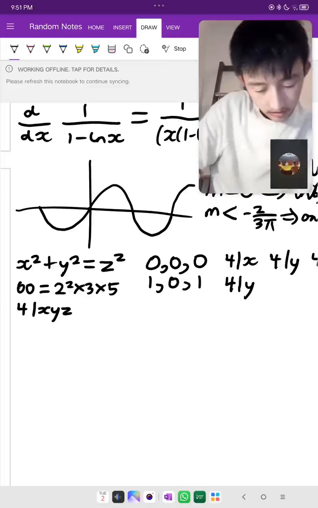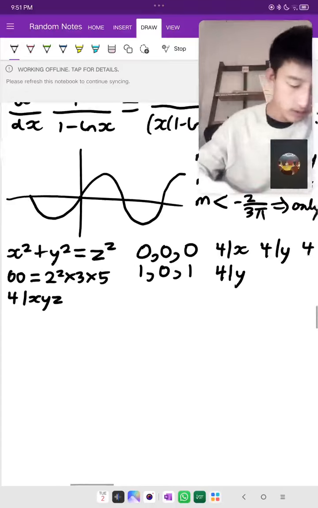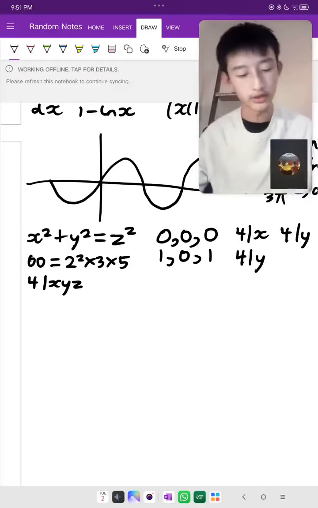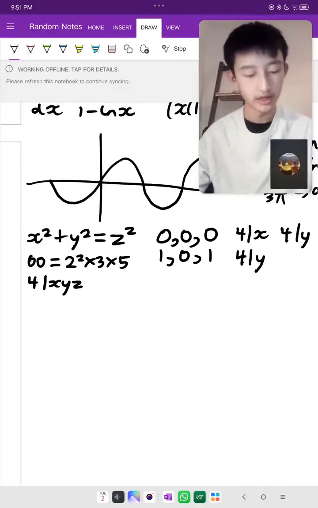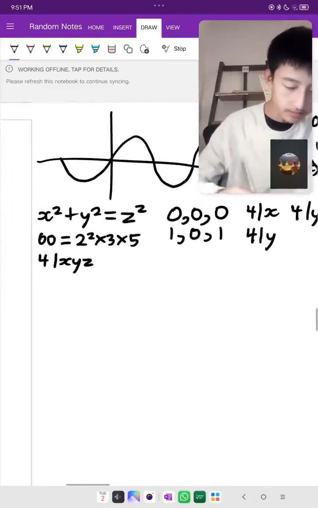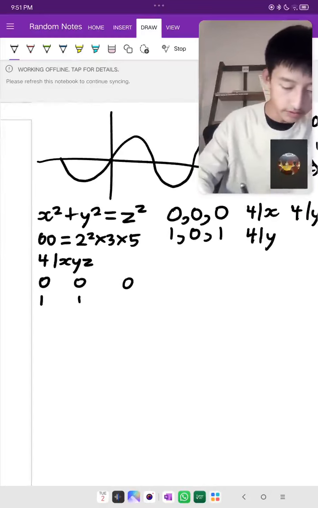I guess I could consider everything mod 3 and mod 5 now. So, we have 0, 1, and 2 are the possible residues mod 3. Squaring gives 0, 1, 4. So, I might as well write mod 4 here just for clarity. Yeah, so each of these can be 0 or 1 mod 3.